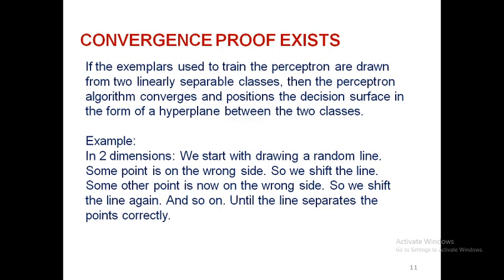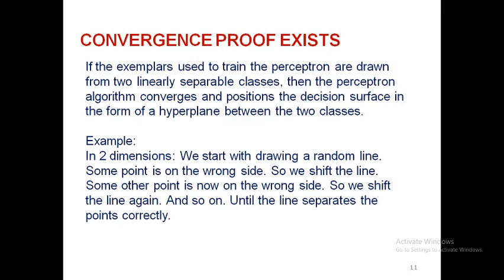If it is separable into firing zone and non-fire zone, then the algorithm converges, and it positions the decision surface in the form of a hyperplane between the two classes, the firing zone and the non-fire zone of the neuron.